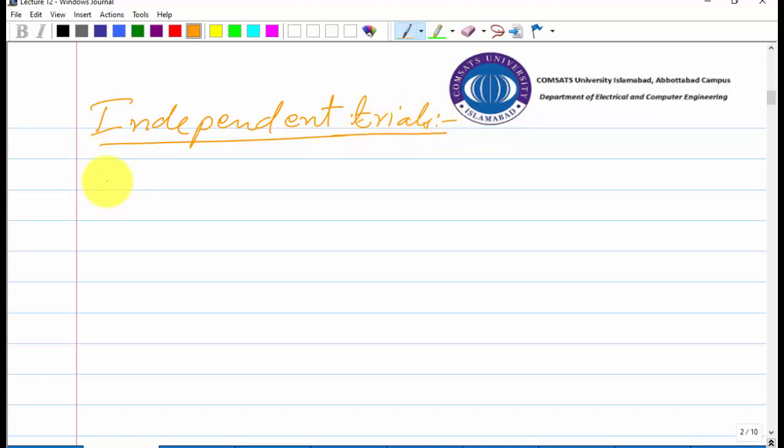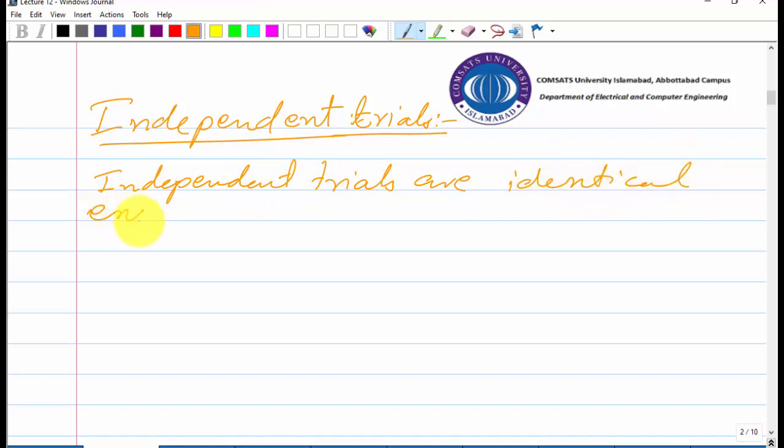So independent trials are identical experiments in a sequential experiment.